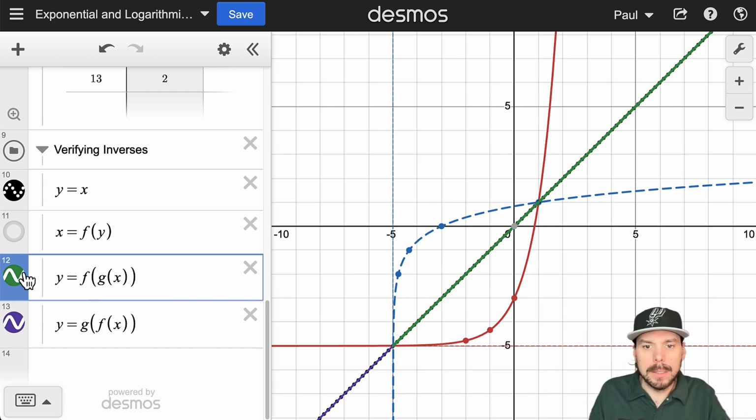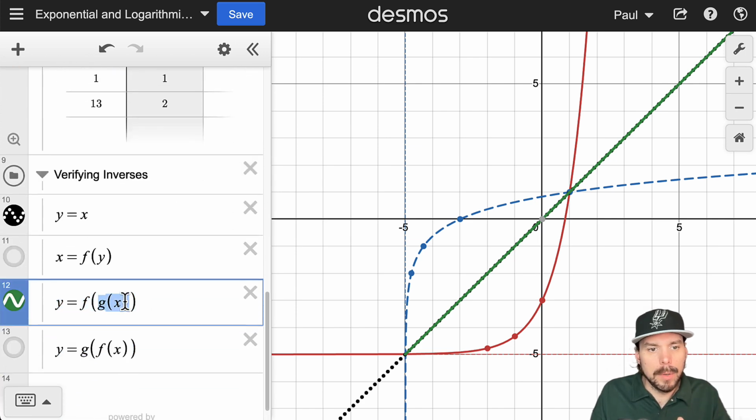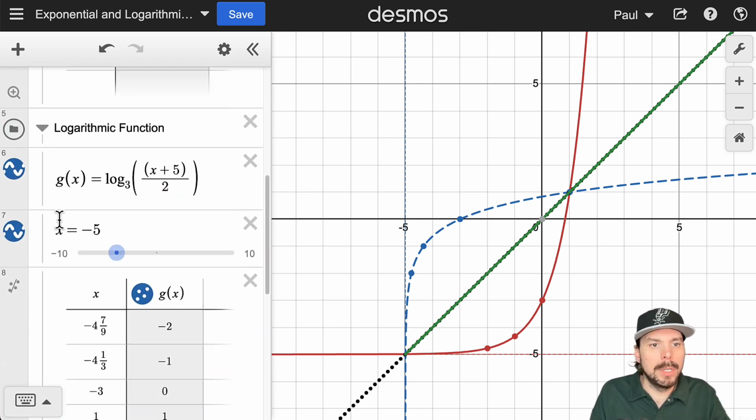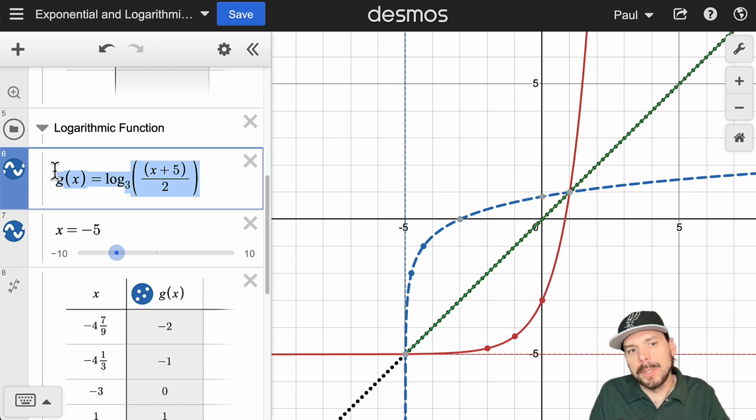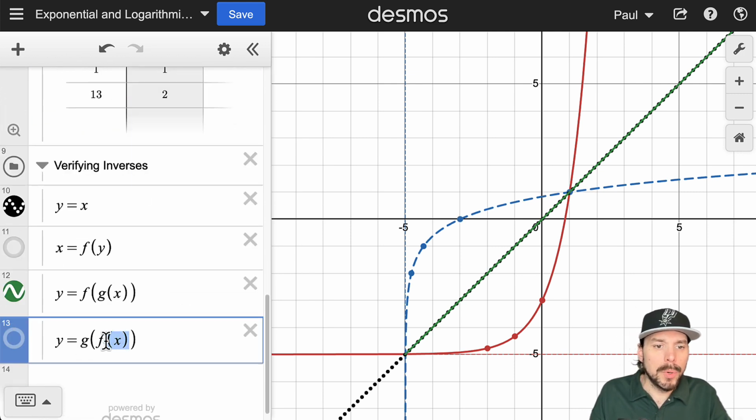The only difference between the two is the green one. We will see that we have a domain restriction. It doesn't go past negative 5, and that's just because the innermost function in that composition is the g, and that was the one with the domain restriction. If we actually do it the other way and input an exponential, which has no domain restrictions, we end up getting this perfect cancellation, and this entire y equals x line then shows up.